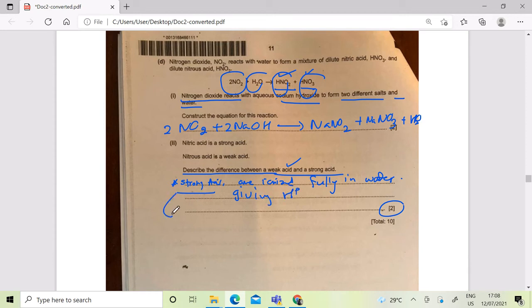Other one, weak acids are going to be ionized partially or incompletely in water, giving H plus ions. Completely opposite of this answer. So that is the end of the first question of section B.